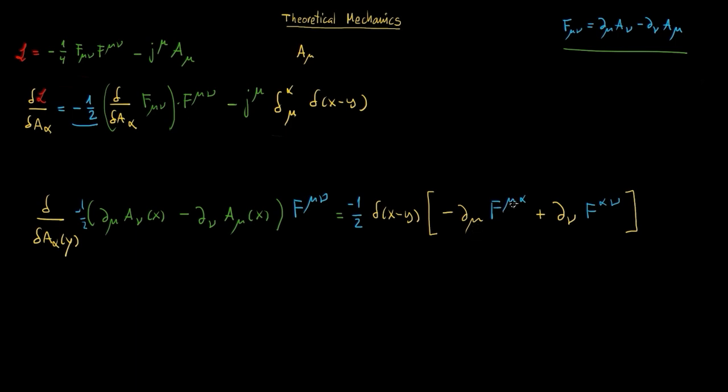This mu index is mute, so it means that we can change the name and we can put, for example, beta. This new index is also mute, so we can change the name. Suppose we rename this as beta also. If we do this, then we can factor out partial beta acting on minus F beta alpha plus F alpha beta.